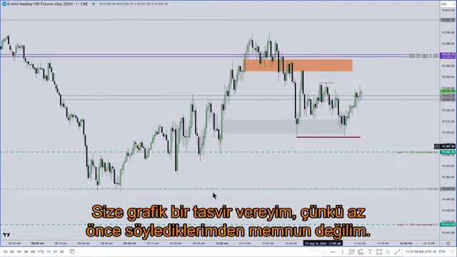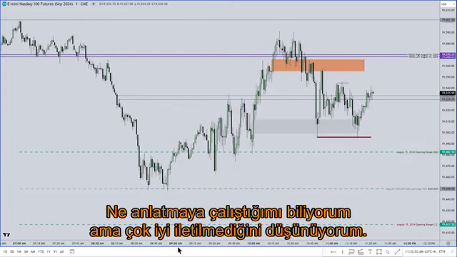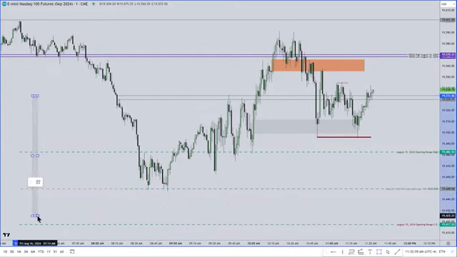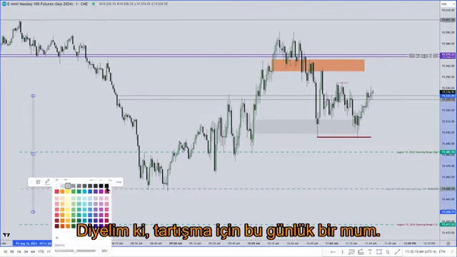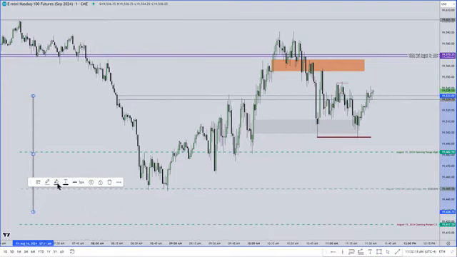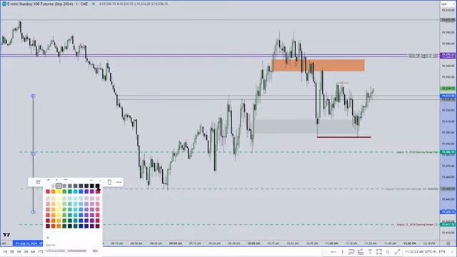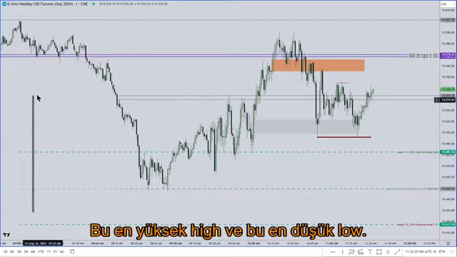Let me give you a graphic depiction, because I'm not satisfied with what I just said. I know what I'm trying to articulate, but I don't think it's been communicated very well. So let me try to just do this for you. Let's say for argument that this is a candle on the daily. Okay, so this is daily Power 3. And this is the highest high, and this is the lowest low.